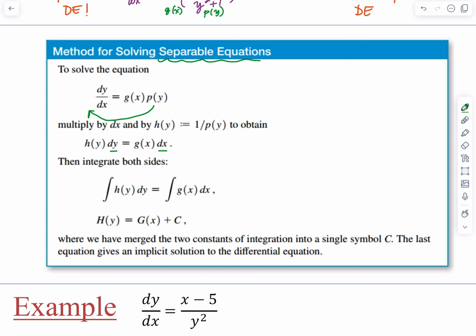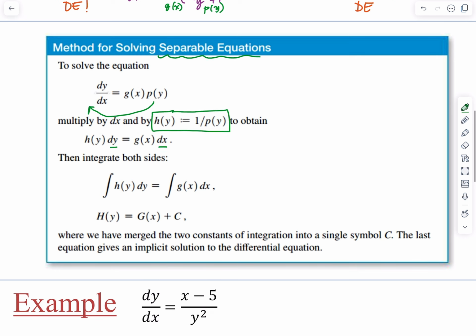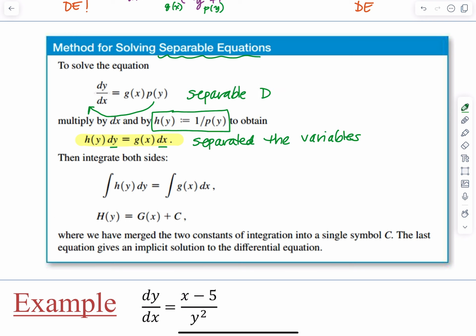You could look at it as defining h of y as 1 divided by p of y. Now we have separated the variables. This is a separable DE.